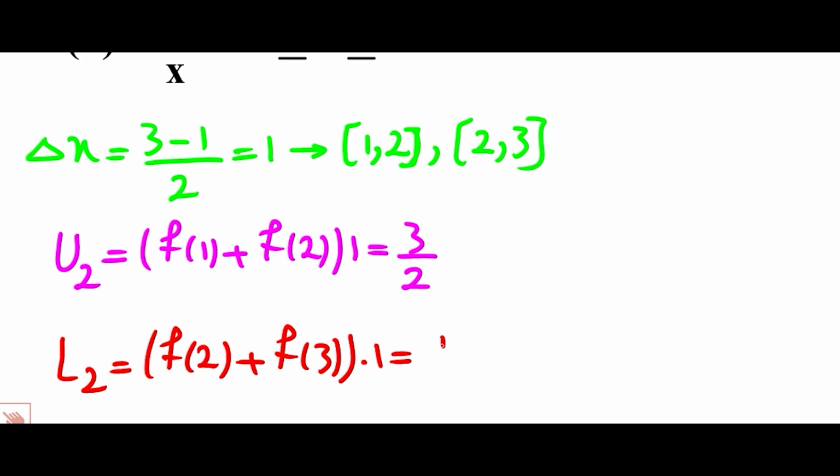F of 2 is 1 half plus f of 3 is 1 over 3 equals 5 over 6. So U2 is 3 over 2 and L2 equals 5 over 6.